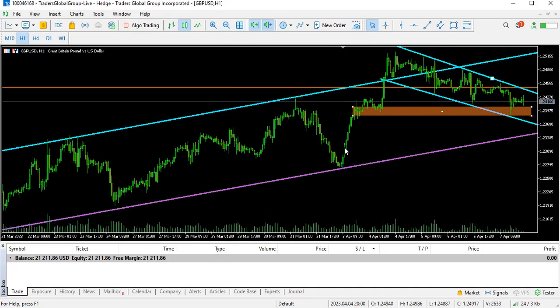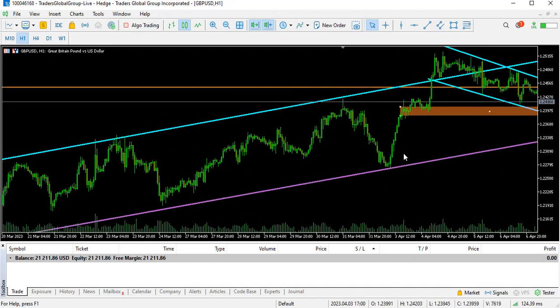Now these ones are different. When all these ones were going down, it wasn't forming a channel. When the market is bouncing from here, going down here, this is not a channel, and when it's going back up, this is not a channel.